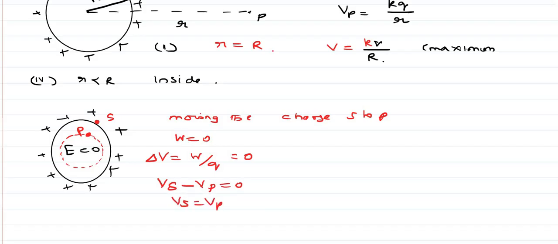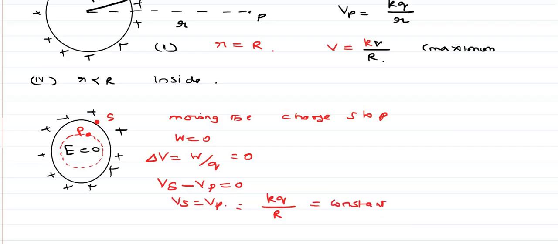That means Vs is equal to Vp, or you can also take Vp minus Vs. So Vs equal to Vp. The potential at the surface must be equal to the potential at the point P. Where is the point P? The point P is inside the shell, so the potential must be equal. What is the potential at the surface? We already calculated: kq by R. So the potential inside the shell, from the center to the surface, will be equal and constant.